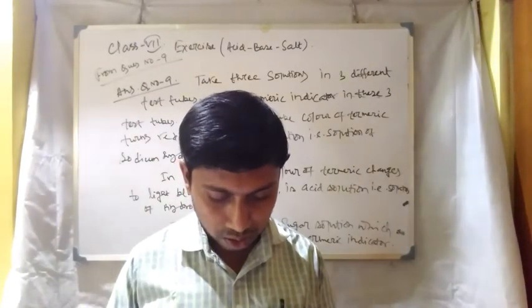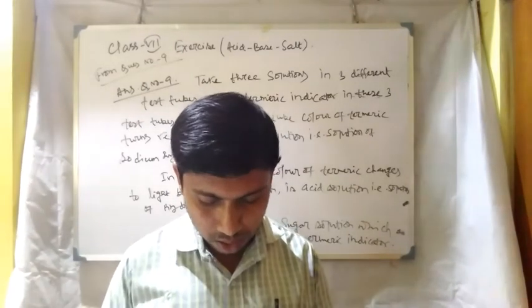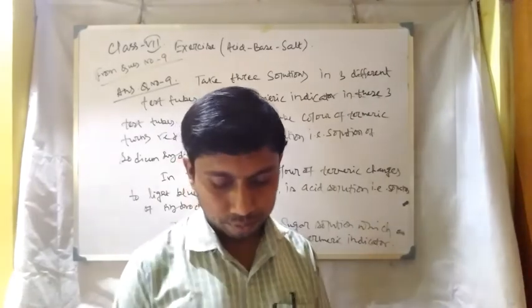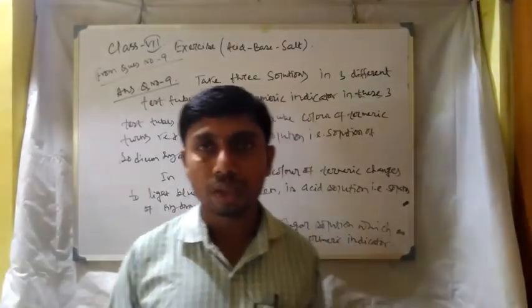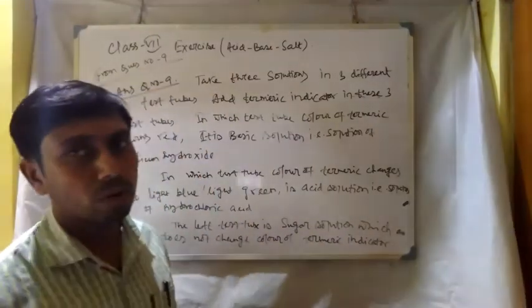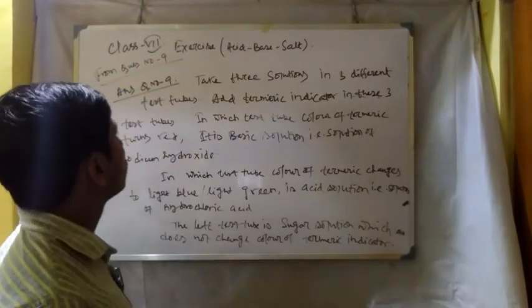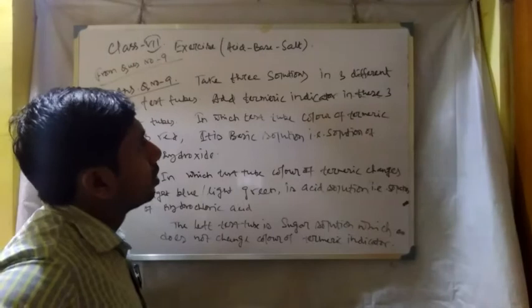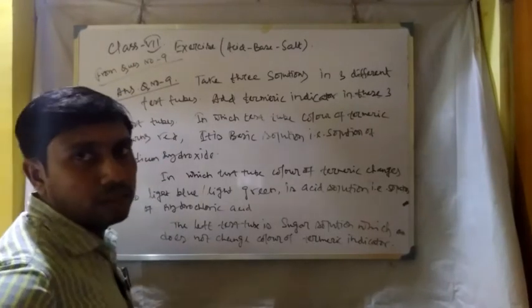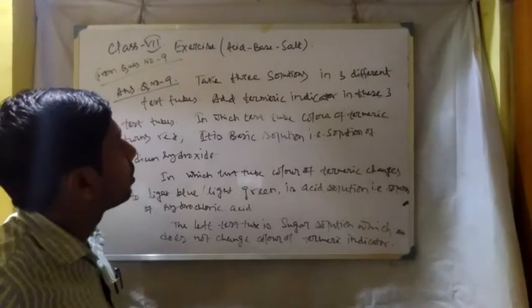Next, come to question number 10. First, read the questions. Okay, just before going to question number 10, I am just repeating the answer of question number 9. First, take 3 solutions in 3 different test tubes.